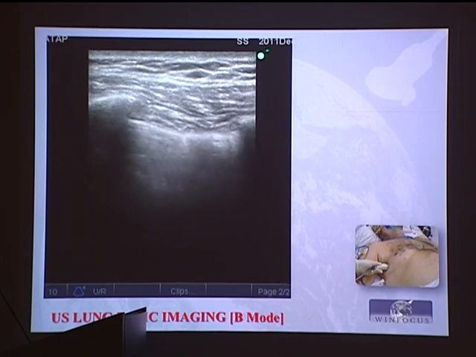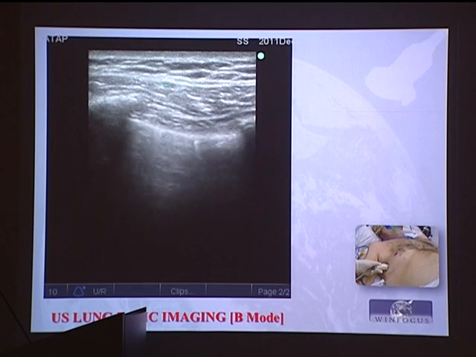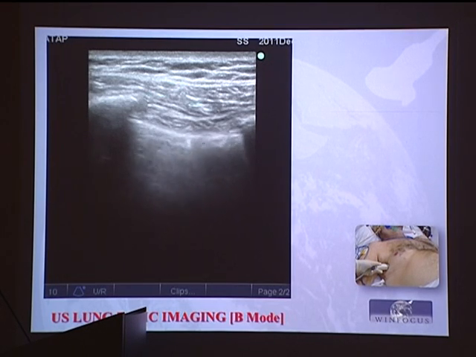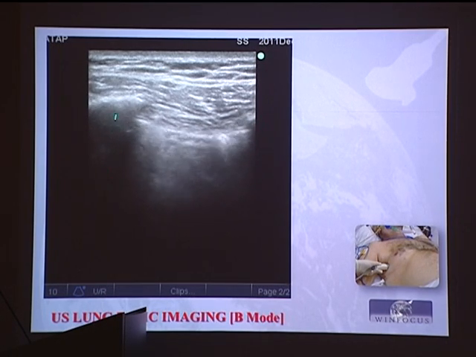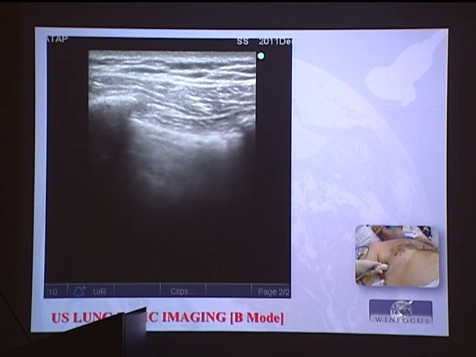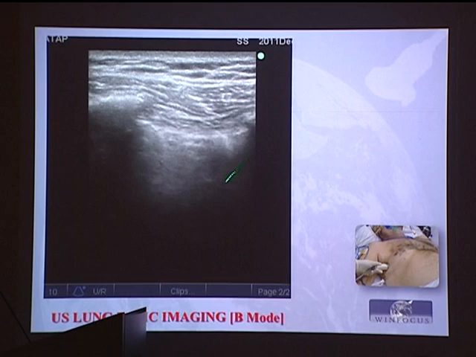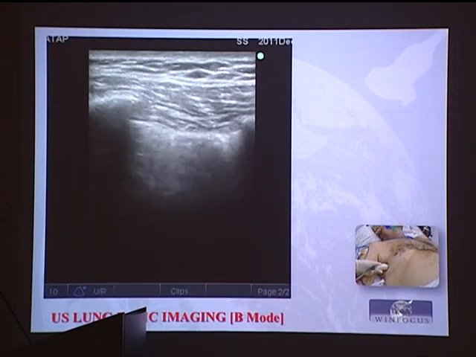This is skin, the subcutaneous layer. Here I have the muscular fascia. Here I have the thoracic muscle. It could be the pectoralis major muscle here. Then here I have one rib and the other rib creating shadows. The intercostal muscle, and this is the pleural interface. And whatever is below is an artifact.